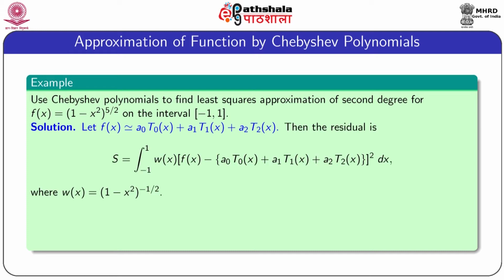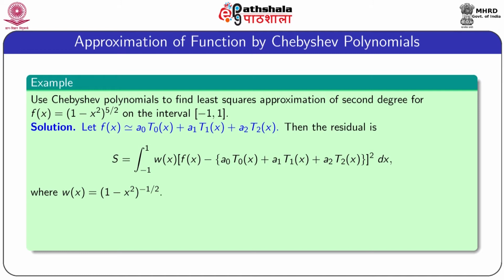Then the residual is, by definition of the least squares method, S equals integration minus 1 to 1 of w(x) into (f(x) minus (a0 T0(x) plus a1 T1(x) plus a2 T2(x))) to the power 2 dx, where the weight function w(x) equals (1 minus x square) to the power minus half.